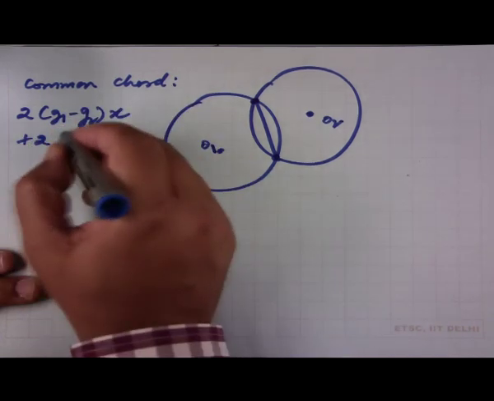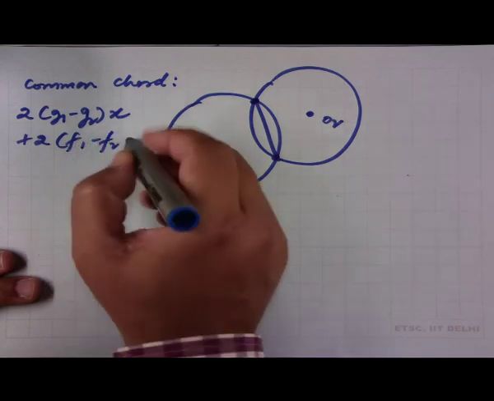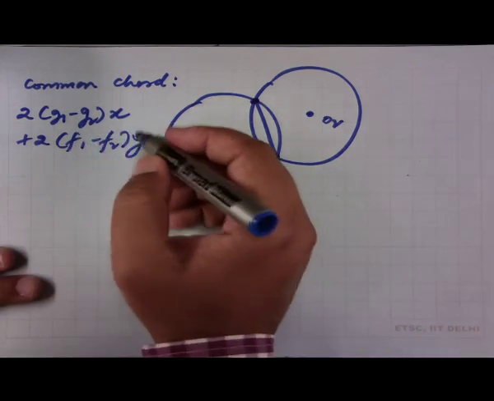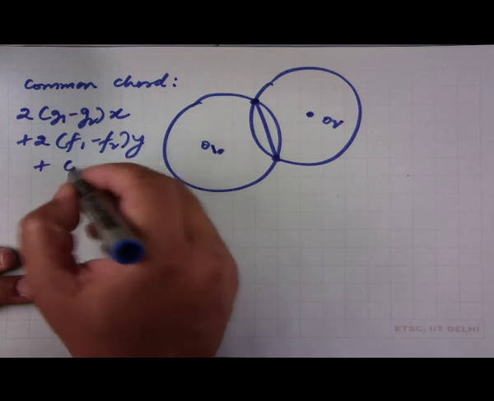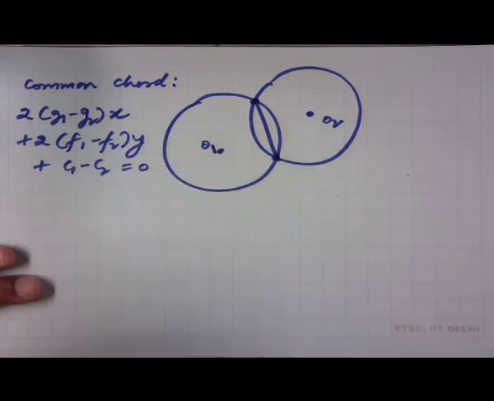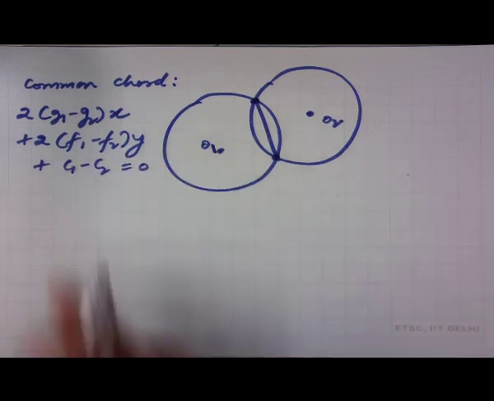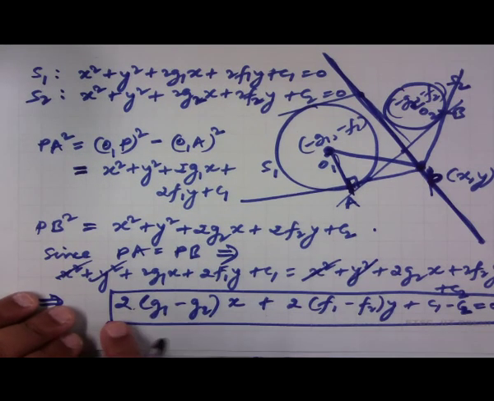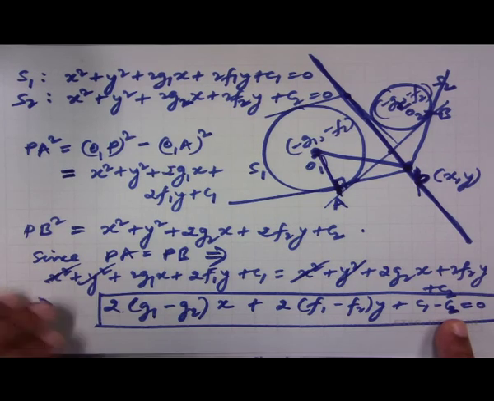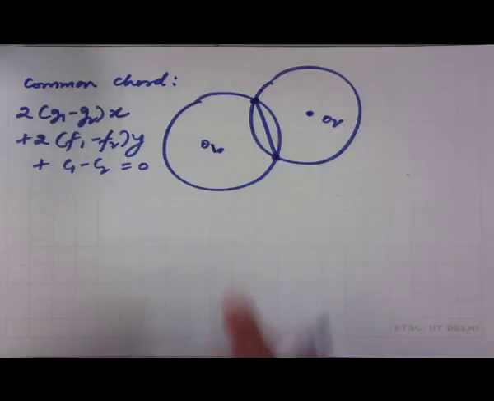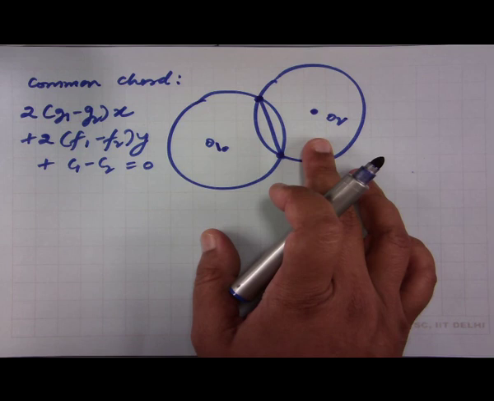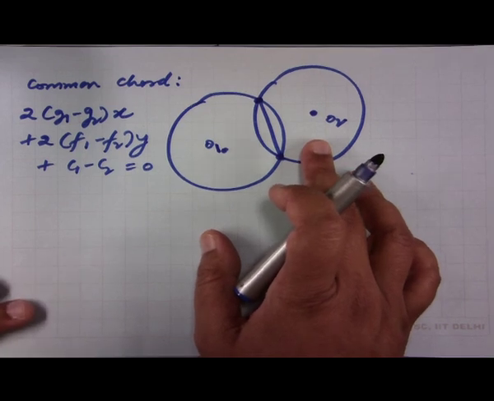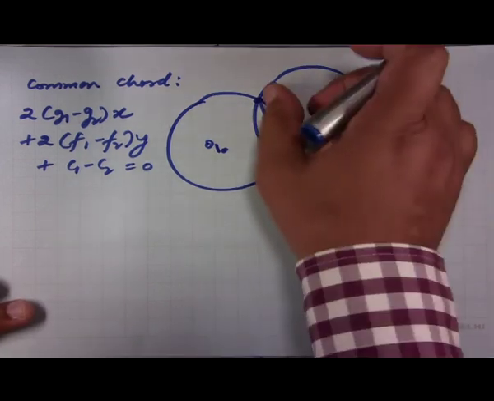In one of the previous lectures, we have already seen the equation of the common chord to be this particular equation, but then this is nothing but the equation of the radical axis. Hence, when two circles intersect, the radical axis is nothing but the common chord.